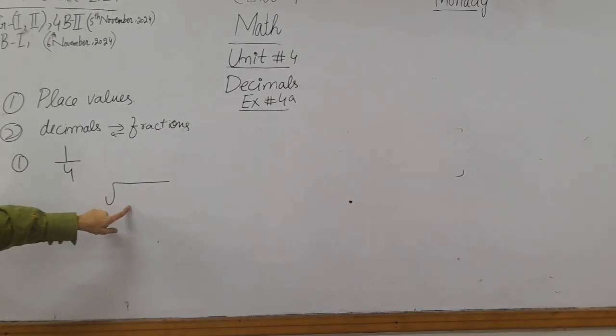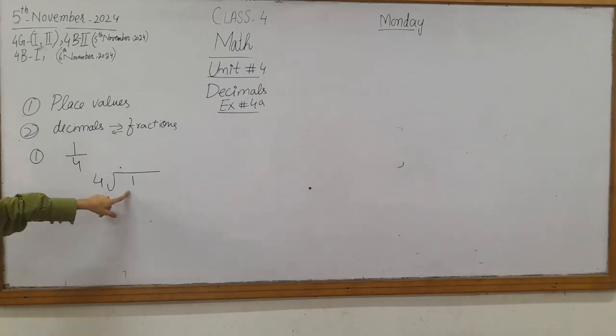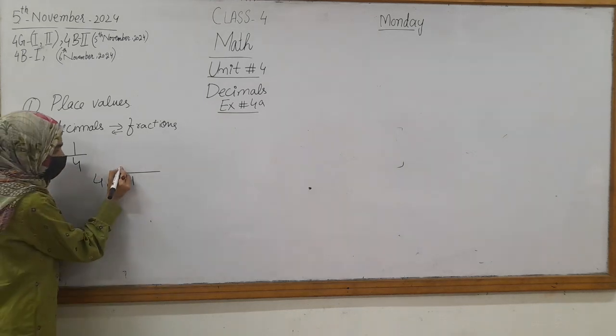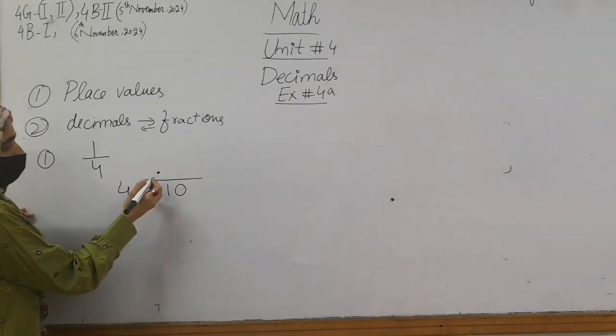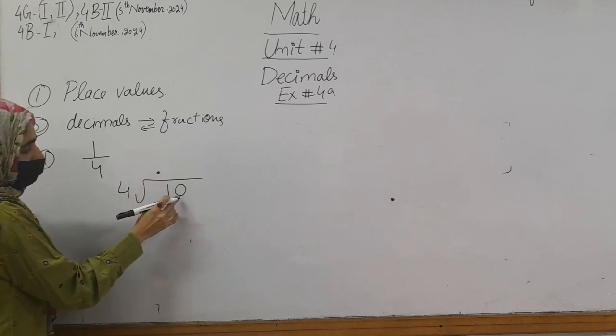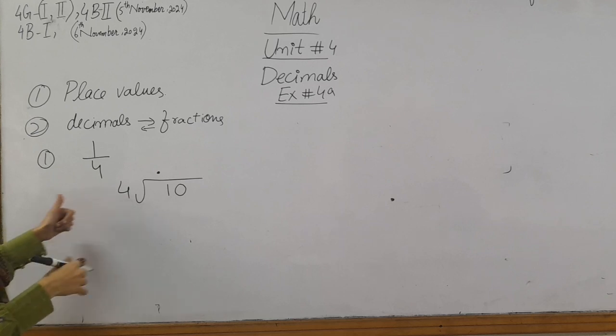The numerator goes inside the division sign and the denominator outside. As you can see, 1 is smaller than 4, so we add a point here and add 0 in the division, so this is 10 and this is 4. Now we will proceed with our division.